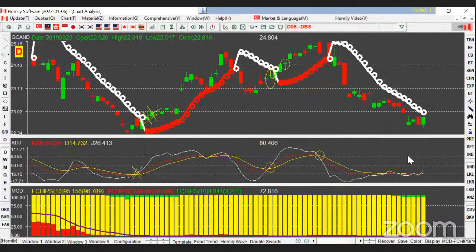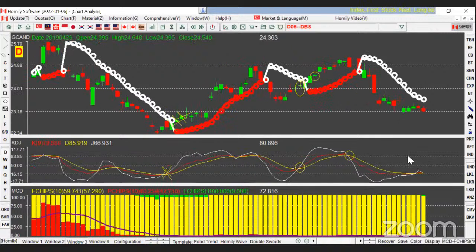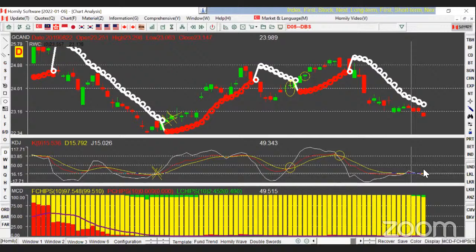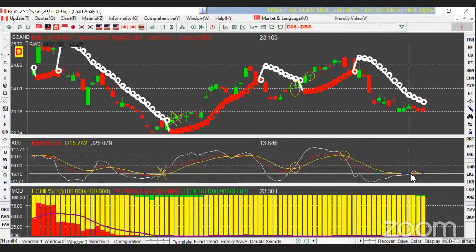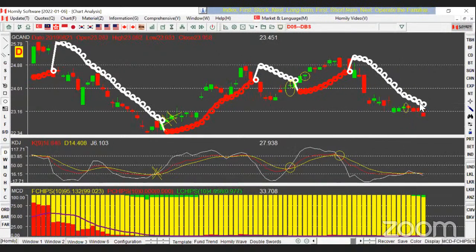Okay, so here the market becomes a bit complicated. We see a golden cross, but the following day, a dead cross, right? So on the third day, a dead cross. So here the situation is not clear. If you buy based on the golden cross, then you need to sell based on the dead cross, because the advantage of KDJ is it can be faster.